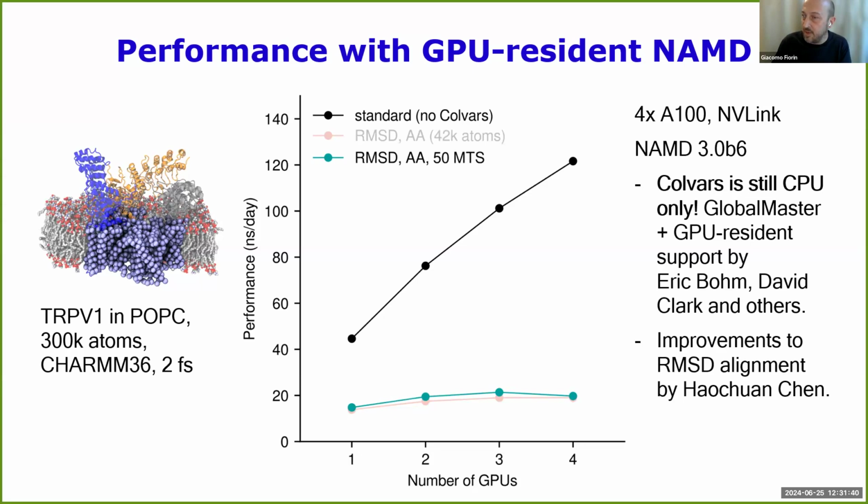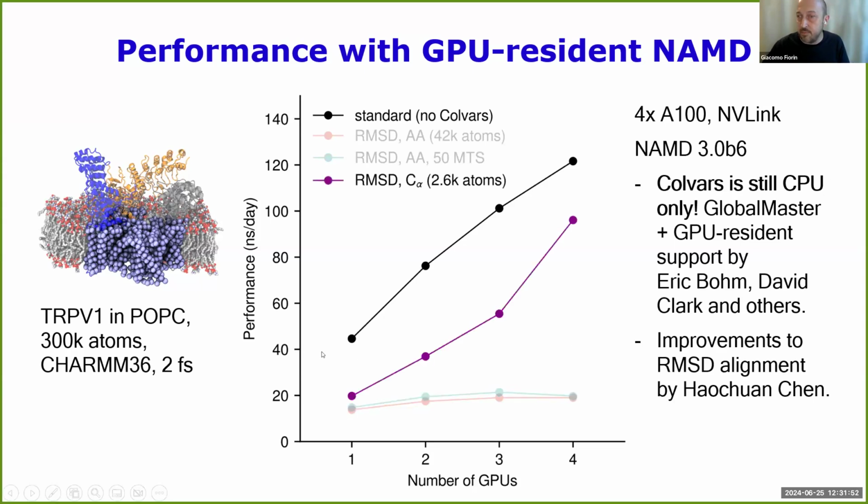A lot of the slowdown that you may get is from communication between multiple nodes when you're running in parallel, and communication between CPU and GPU when you run GPU resident. So things can be much improved if you use a variable with just as few atoms as you need. If you want to restrain the overall structure of the protein in a loose, relatively coarse way, but getting all the fundamental features, you can just use the C alphas, and it gets a lot better. And here, in particular, for this system, which is 300,000 atoms, but with less than 3,000 atoms included in the RMSD, you get less than 20% slowdown.